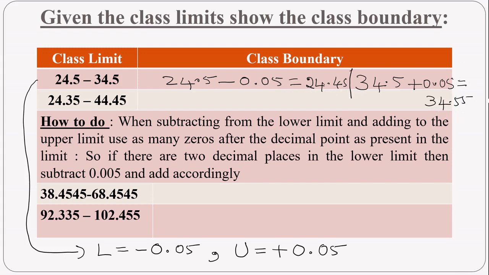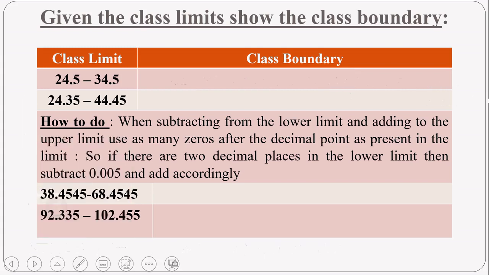Is this clear to understand, dear students? So what we need to do: lower limit minus, upper limit plus. Just see how many decimal places. If it is one, just reduce 0.05. Then you need to add 0.05 in the upper limit. Anyway, I will show you the answer in the class boundary by erasing this.